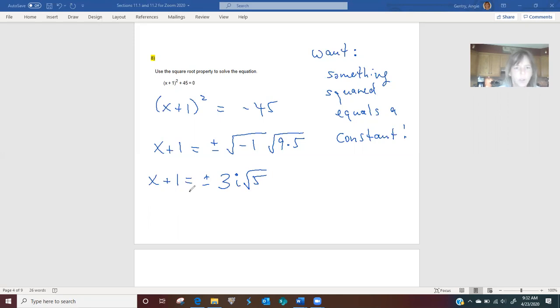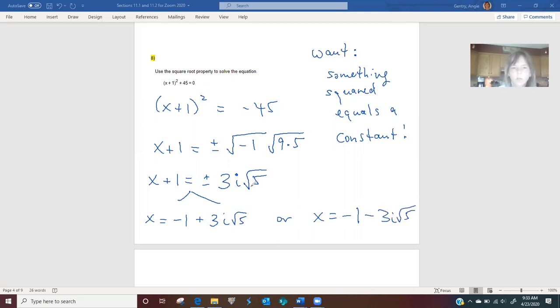This is where you can split it up and say x either equals, you're going to move the 1 over. So you're going to subtract 1: negative 1 plus 3i square root of 5, or x equals negative 1 minus 3i square root of 5.